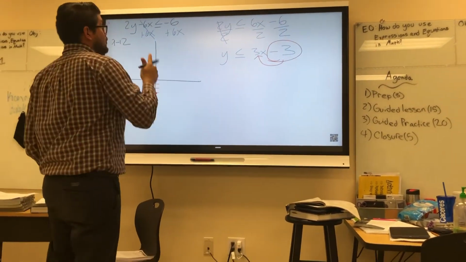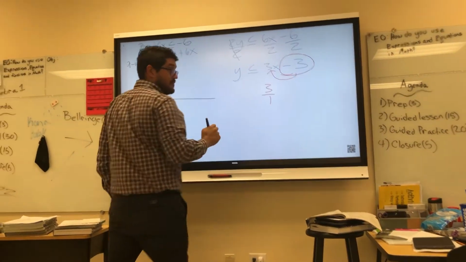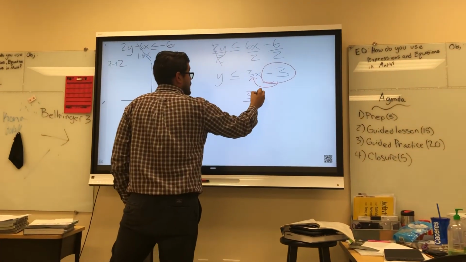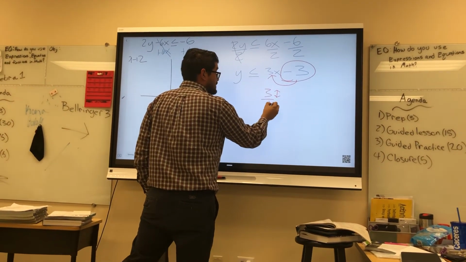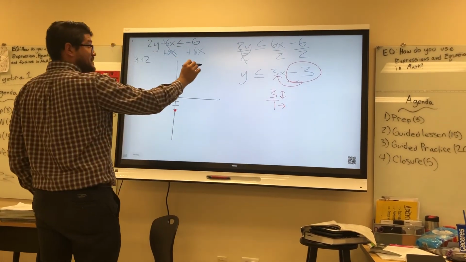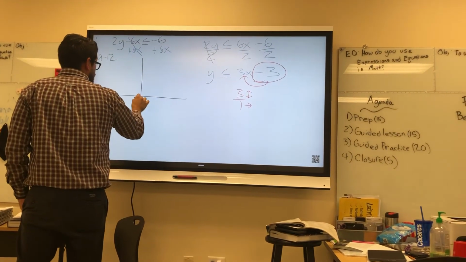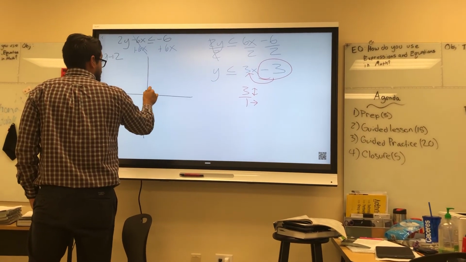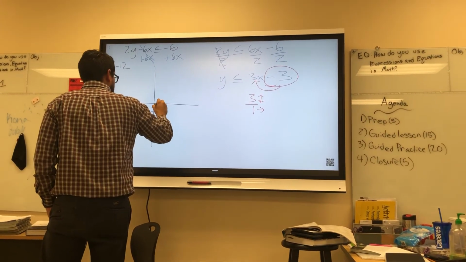Okay, so you're doing this slope right here, 3, is actually 3/1. This number controls up and down. If it's positive, it goes up. If it's negative, it goes down. This number controls going to the right. Okay, so because this is a positive 3, we're going up 3 from here. 1, 2, 3, and we're going over 1, which is right here. Okay, and that's it. Then we're going to graph it.